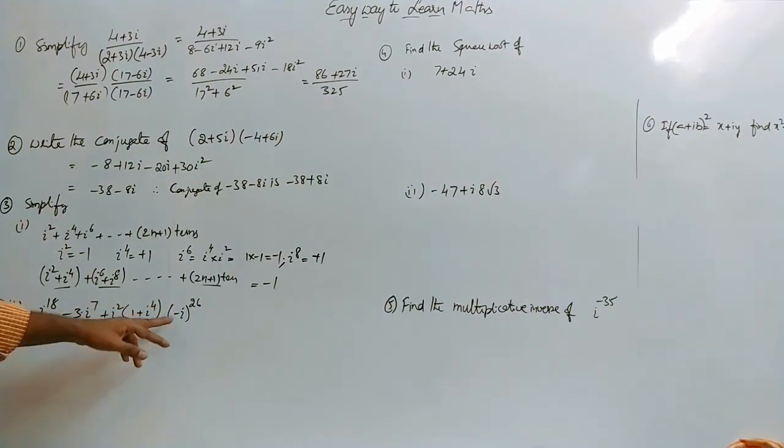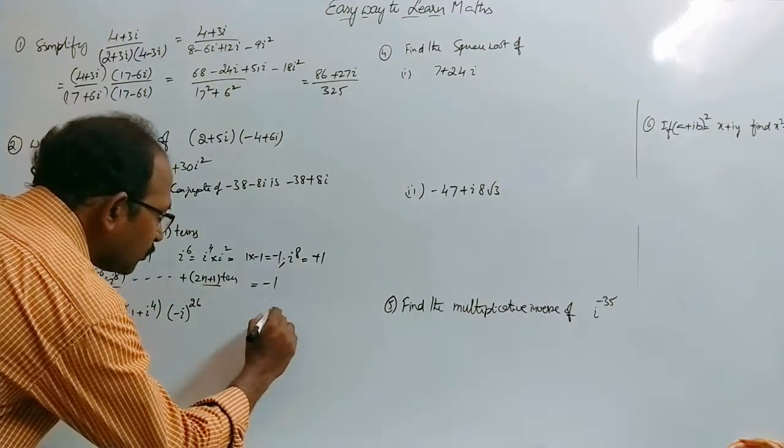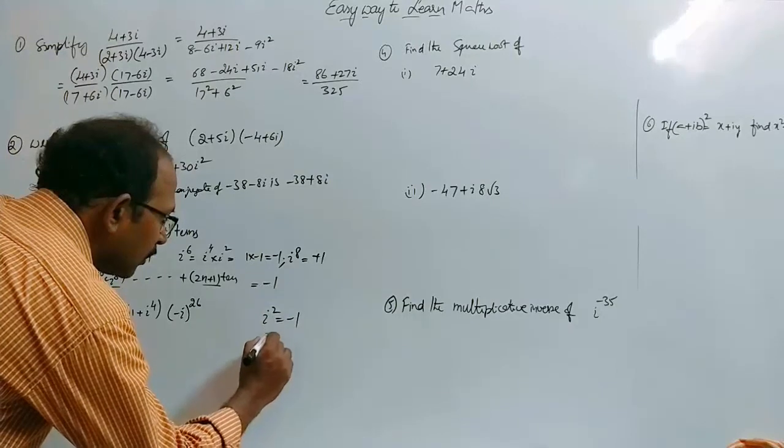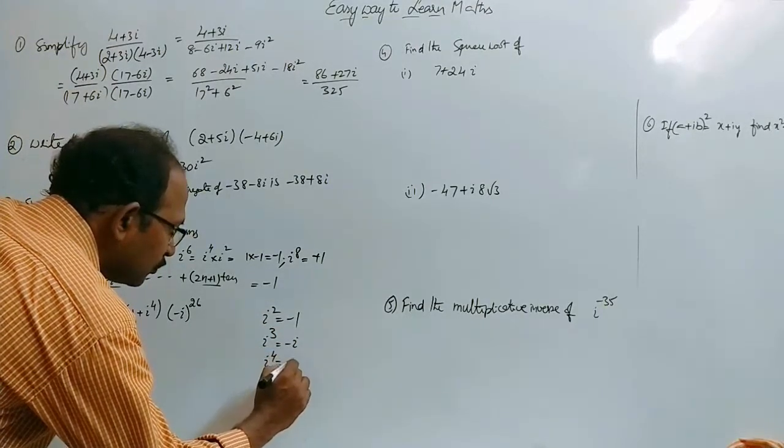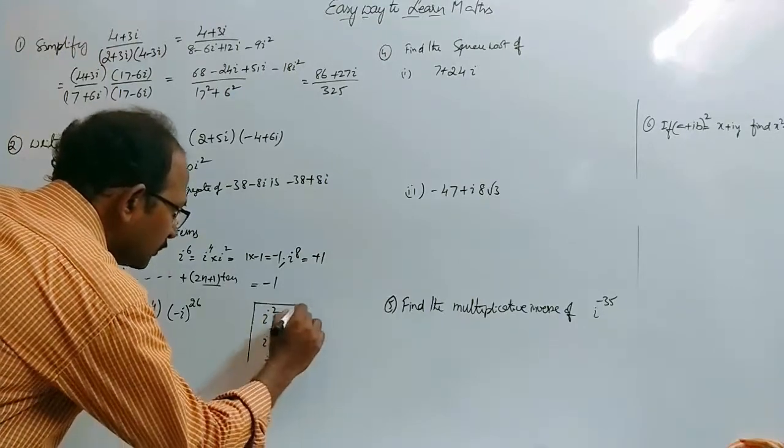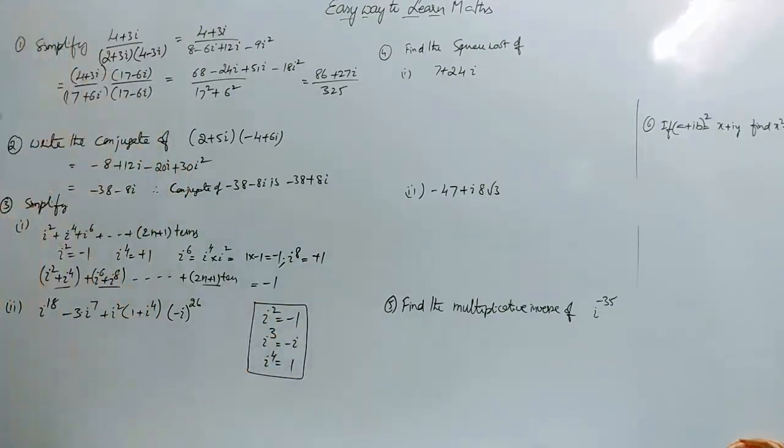Okay. Next, in the same way, let us simplify i power 18 minus 3 into i power 7 plus i squared into (1 plus i power 4) minus i whole power 26. Here we know that i squared is equal to minus 1, i cubed is equal to minus i and i power 4 is equal to 1. These are the things you have to keep in your mind. Now i power 18: let us simplify in terms of power 4 as much as possible.